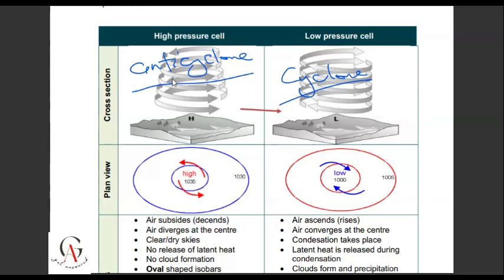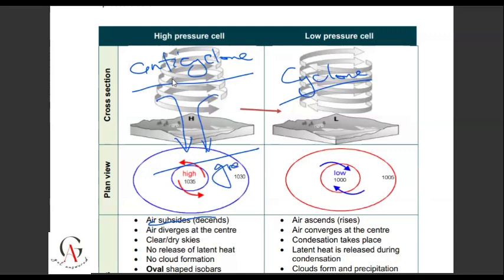Right. The first one is saying the air subsides. If you check at the bottom here, you see that the air is subsiding. Meaning to say, when we're having a high pressure cell, we have typically descending air. The air will be having a downward movement.